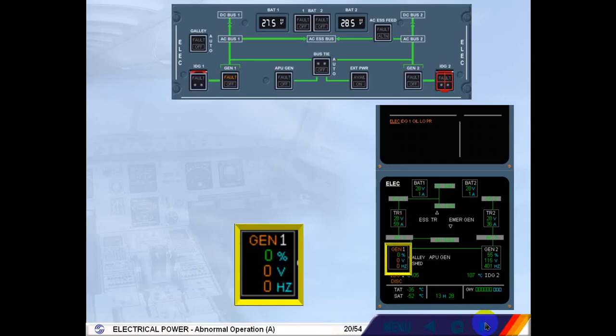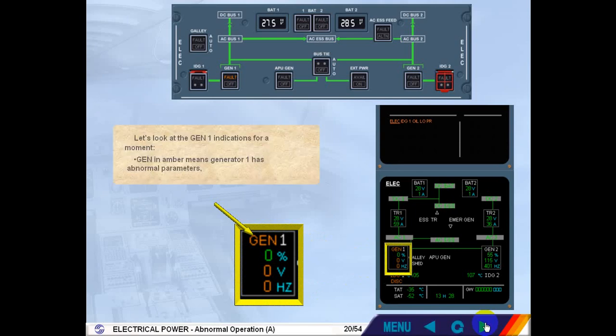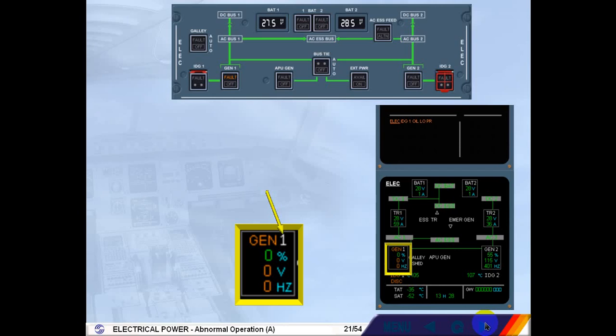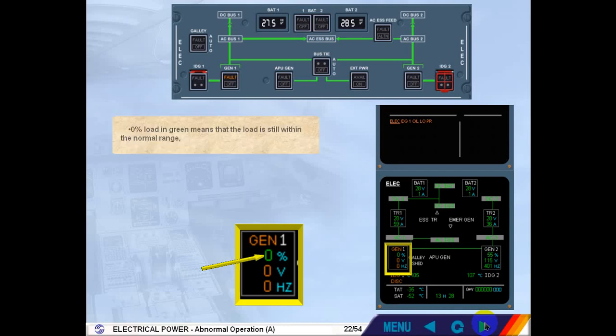Let's look at the generator 1 indications for a moment. Gen in amber means generator 1 has abnormal parameters. One in white means engine 1 is still running. Load in green means that the load is still within the normal range.